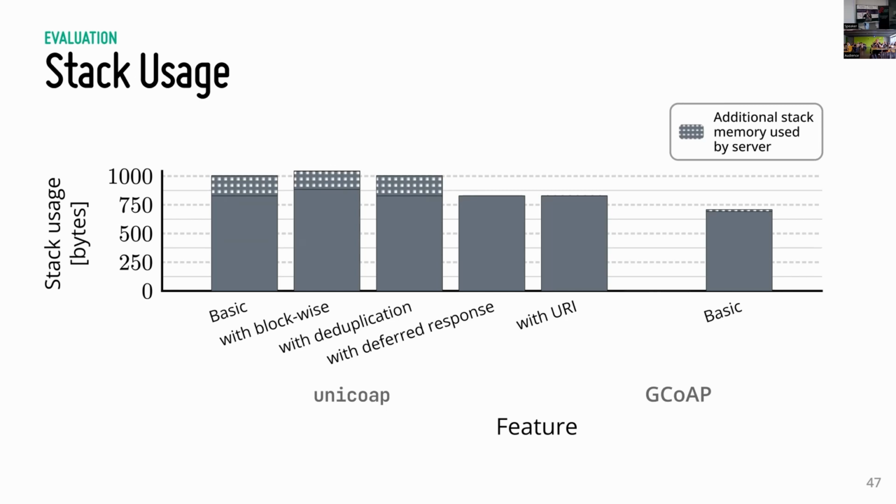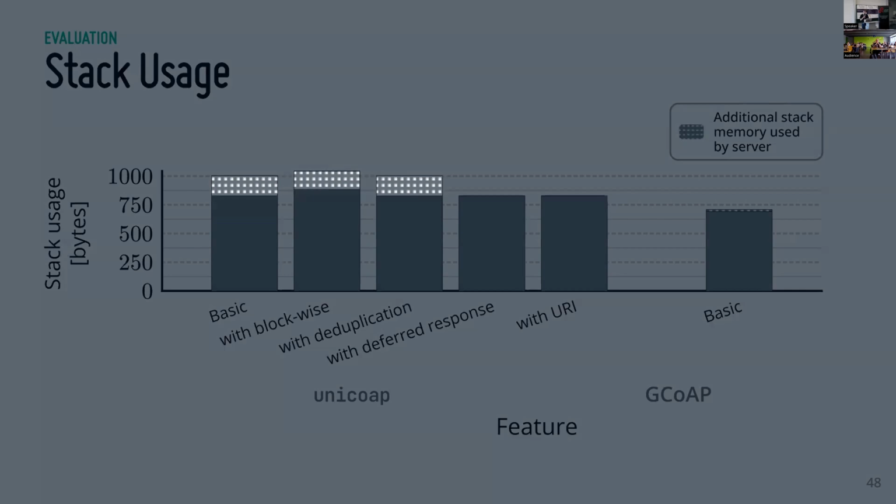For client applications, the journey of the message ends there. The function just returns and the stack gets deallocated. But for server applications, you have to call a send response method, which basically delegates the message back down the stack. So you've got a higher memory consumption because of that back travel to the bottom of the stack. It's roughly 250 bytes.